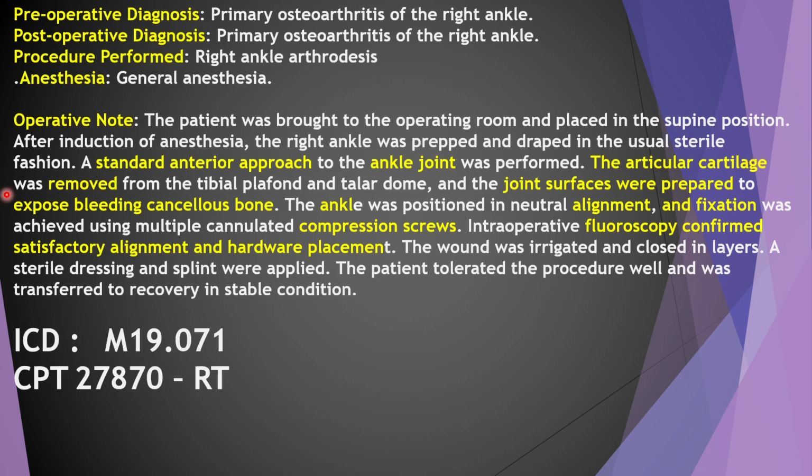The articular cartilage was removed from the tibial plafond and the talar bone, and the joint surface was prepared to expose bleeding bone. The ankle was positioned in neutral alignment, and fixation was done using multiple cannulated compression screws. Intraoperative fluoroscopy confirmed satisfactory alignment and hardware placement. The wound was irrigated and closed, a sterile dressing and splint were applied, and the patient tolerated the procedure well and was transferred to recovery in stable condition.